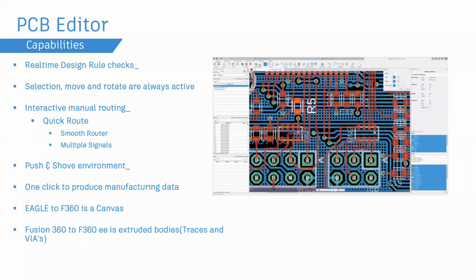But in Fusion 360, it's actually an environment setting. With Fusion 360, I am able to set a push and shove environment in which, if I'm moving parts, it will move traces and vias out of the way as well. Unrouted components, of course, okay? But it also works with manual routing. So it's an environment setting more than a routing tool.